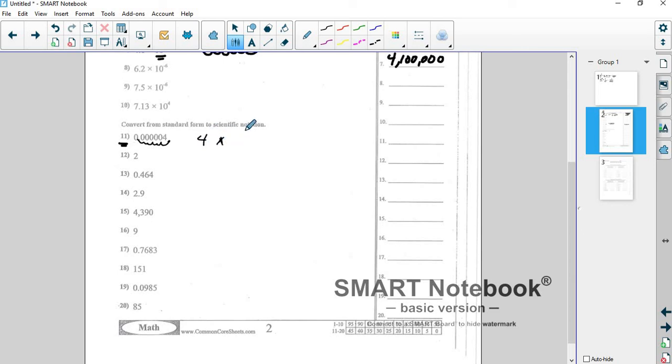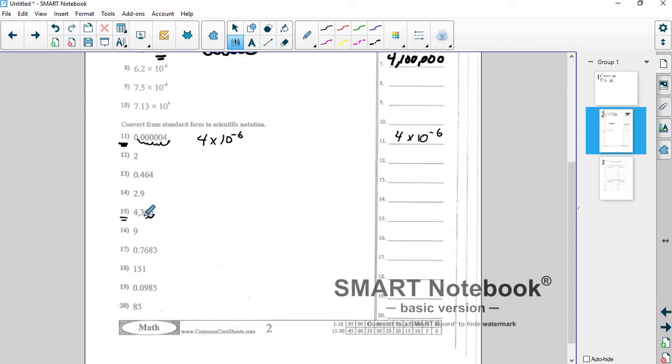Now, was this number over here a lot smaller than 4 or a lot bigger than 4? It was a lot smaller than 4, right? Which means to keep the balance, I need to multiply by a very small number, and that's going to mean I need a negative power, and of course I moved 6 places, so that's 4 times 10 to the negative 6th power.